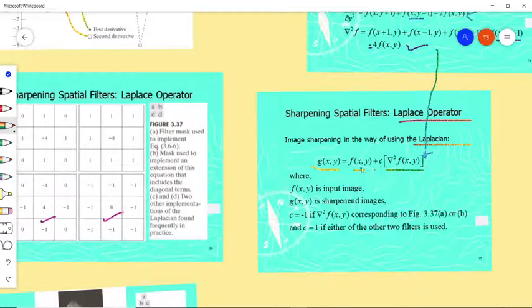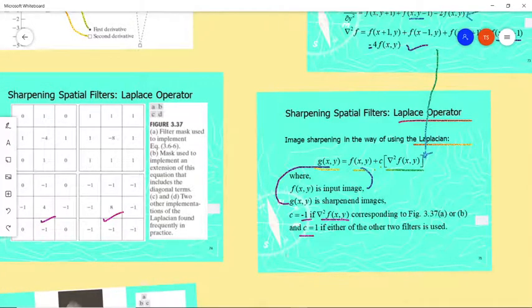So f is the input image, g is the sharpened output image, c is equal to -1 if the second order derivative corresponds to these values, and if c is equal to 1, we can use either of the two filters. And now let's see an example.